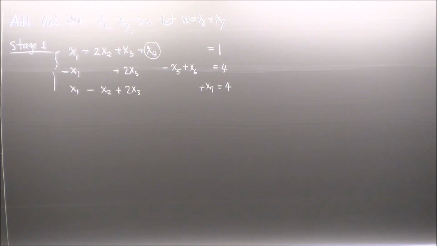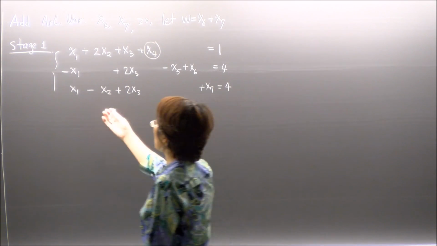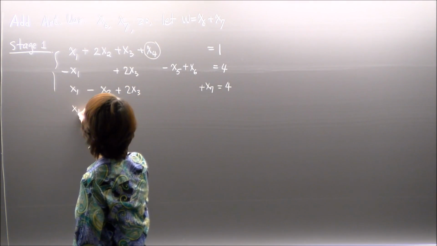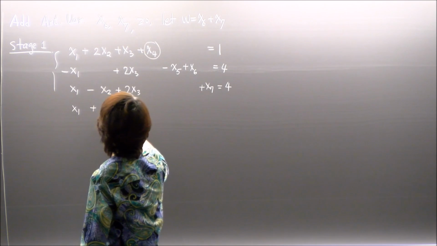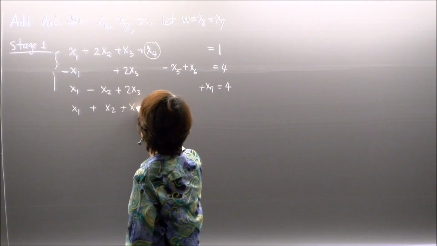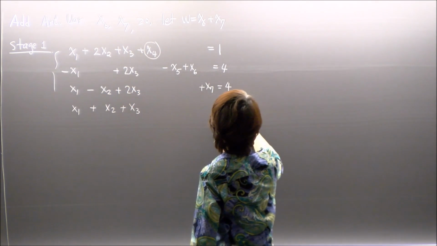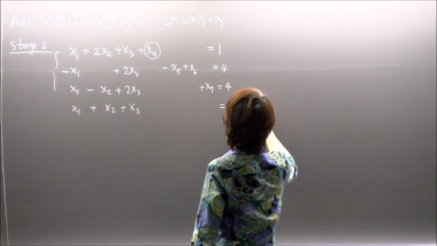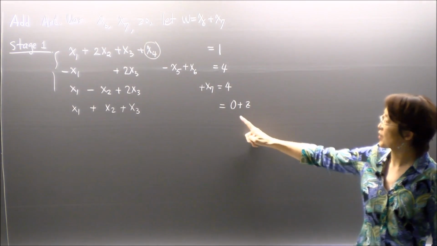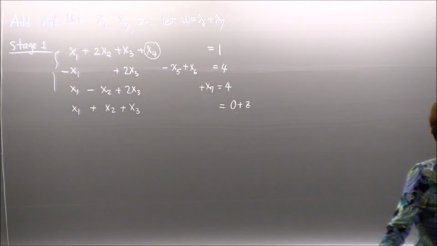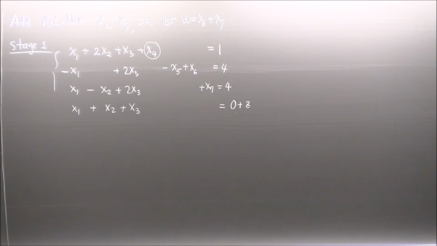And I would put the equation for z also in here. So z would be x1 plus x2 plus x3 equals 0 plus z. I write it like this because you know the 0 would enter the tableau. Is that okay? And then I need the equation for w.